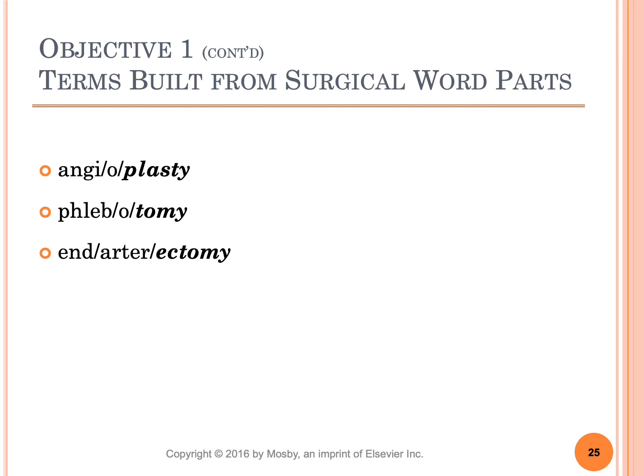Now, what about endarterectomy? Endarterectomy means, remember, ectomy means that we're removing something, okay? We're taking something out. So this means the excision within the artery. And usually we are opening up an artery to take out some plaque. And this commonly happens in the carotid artery that runs up to the brain.